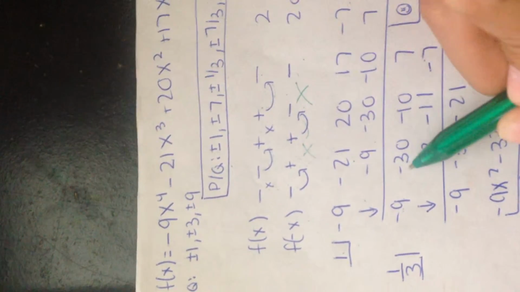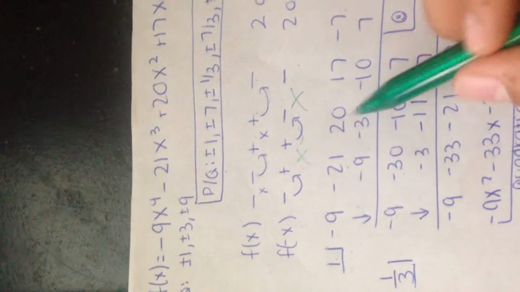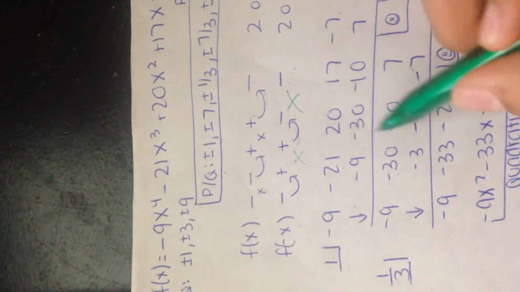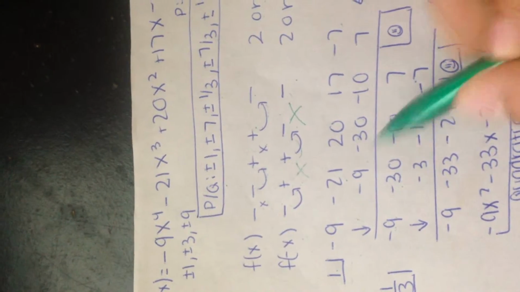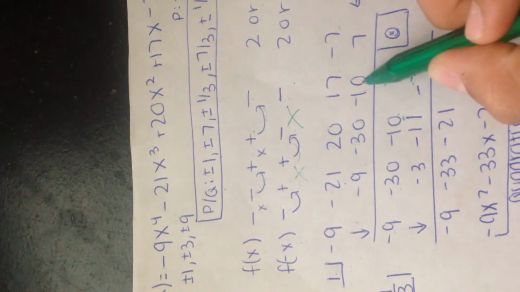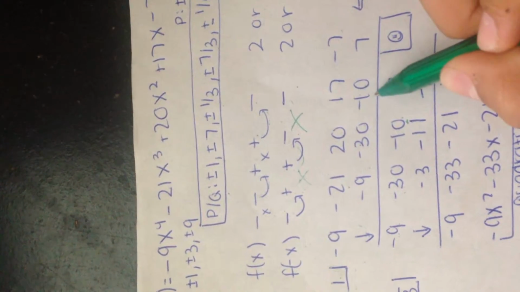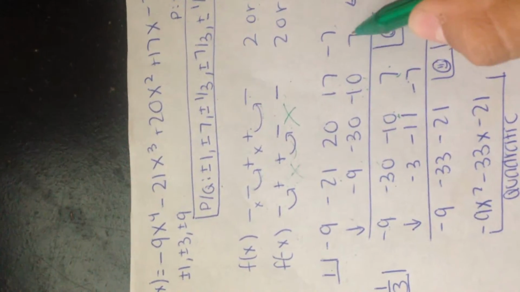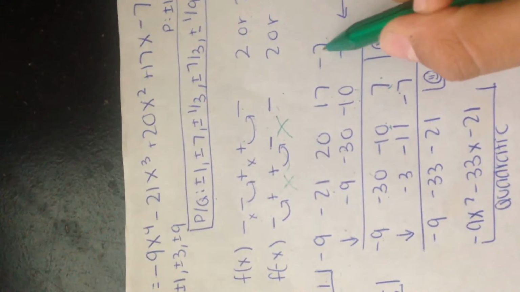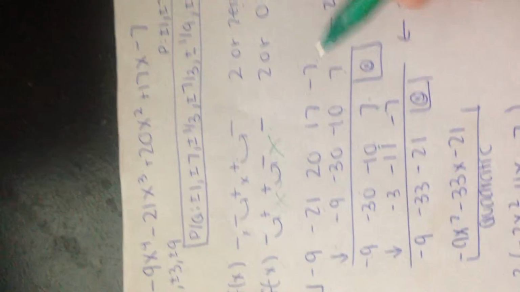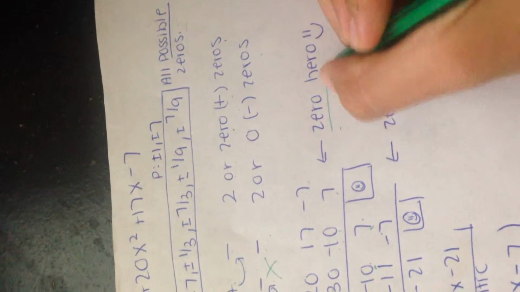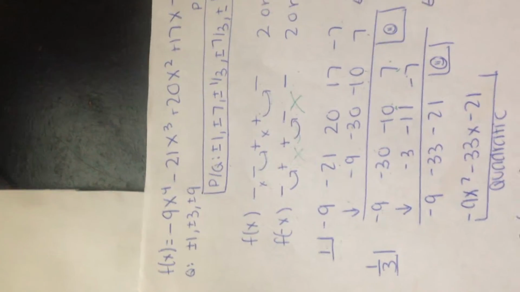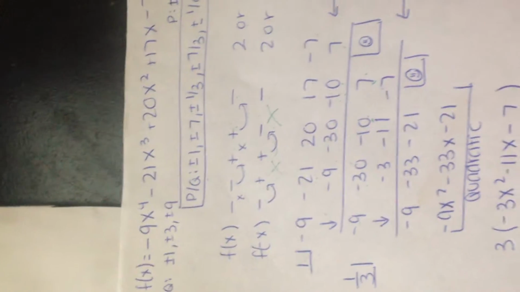We add these, this becomes negative 30. Negative 30 times 1 is negative 30. 20 plus negative 30 is negative 10. 1 times negative 10 is negative 10. 17 plus negative 10 is 7. 1 times 7 is positive 7. So negative 7 plus 7 is 0. And we have found ourselves a 0 here. And that will be one of our zeros.